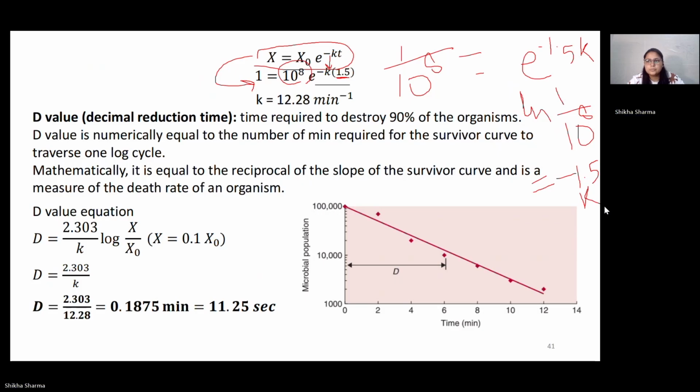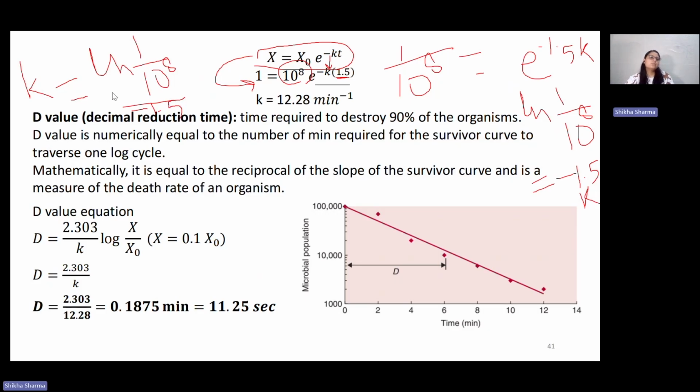So k will be ln 1 by 10 to the power 8 divided by minus 1.5.